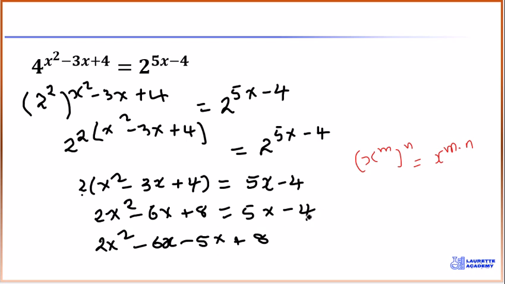We have a constant on the right hand side, minus 4, so we add it on the left hand side, so we have plus 4, and we are left with 0 on the right hand side. So if we simplify further, we'll have that 2x squared minus 11x plus 12 is equal to 0.